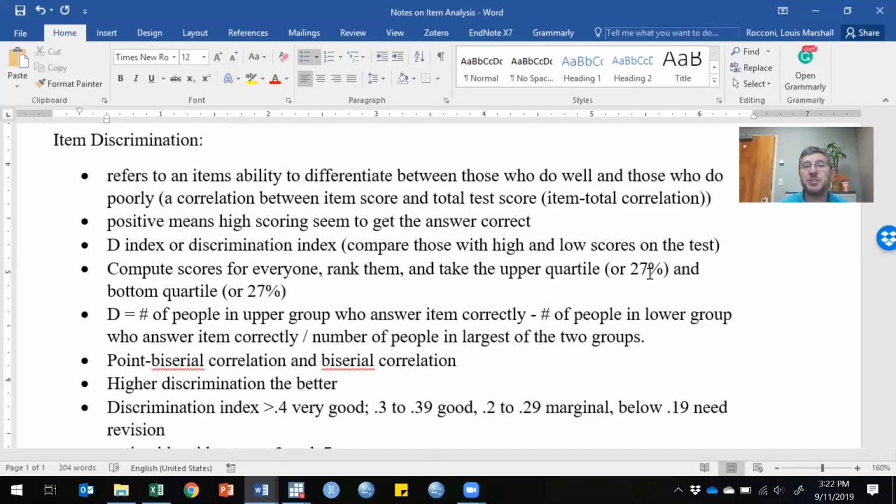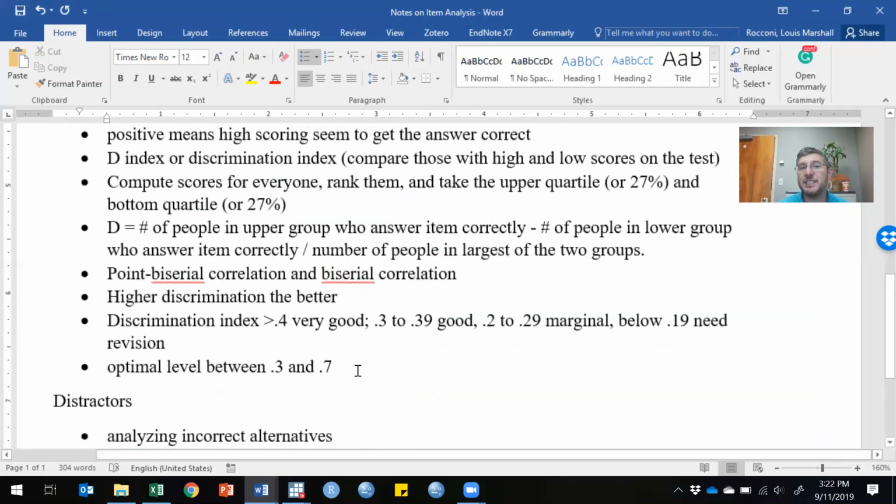So typically for discrimination indexes, we're looking between .3 and .7. Greater than .4 they'll say is very good. In the .3 range is good, and .2 to .29 is kind of marginal. Anything less than that really needs revision. Then negative items are really saying, hey, something weird's going on here.